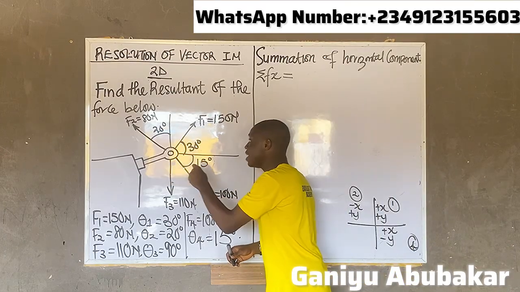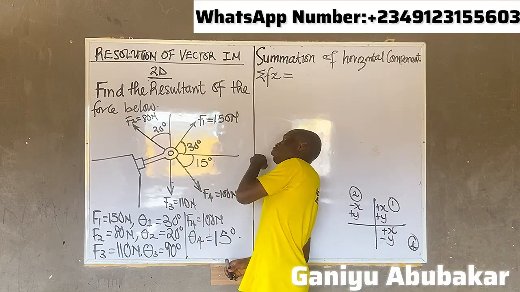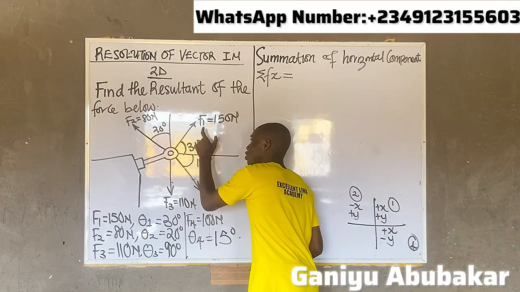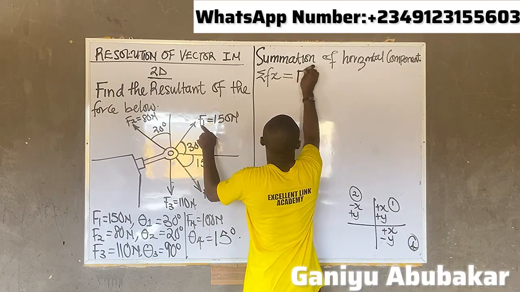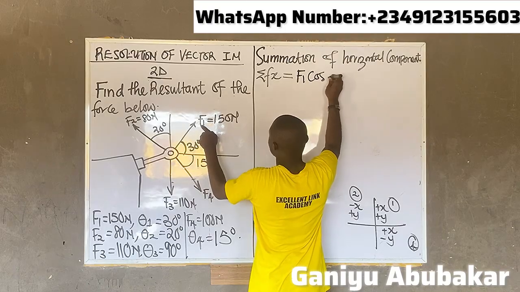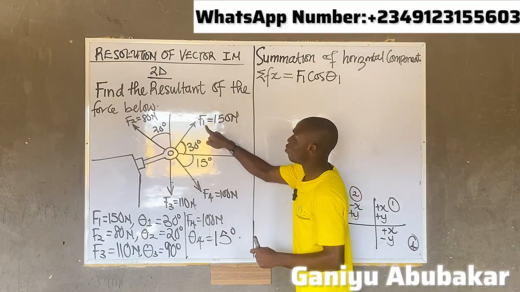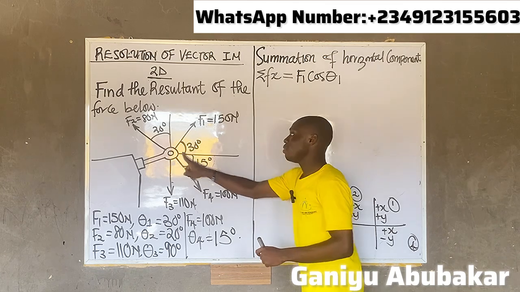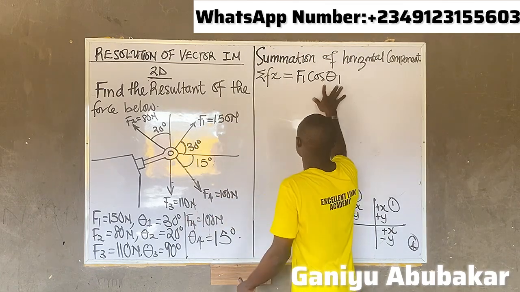If I have a force such that the force angle is equal to the horizontal, the Fx for this part becomes what? F1 cos theta 1. If I resolve F1 to the horizontal, the angle is on the horizontal, so it becomes cos. That gives you F1 cos theta 1.